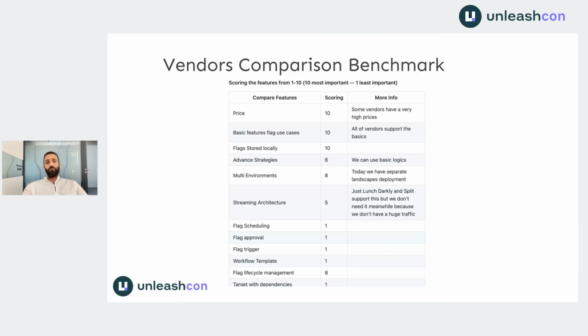At the end, after we saw all the features and compared the prices, we said, okay, let's build our own scoring table and see what the top priority is. At that time, the top priority was the price, because we prefer open source, so price is the top one. We saw that some of the vendors are very, very expensive. We also said the feature flag features should be supported, and the caching mechanism and the performance indicators are very important.